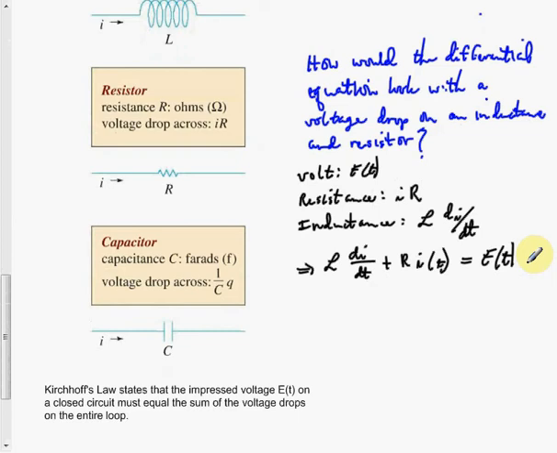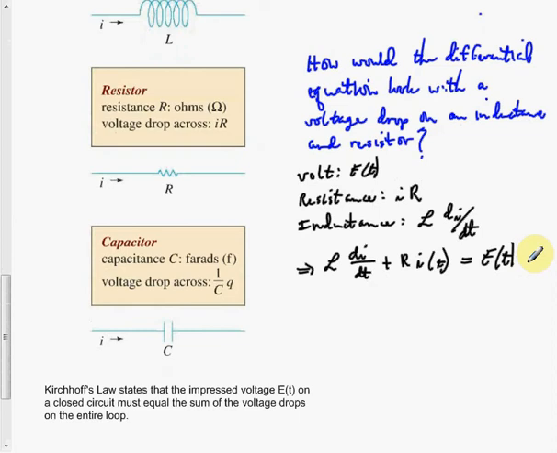What would be the dependent variable, and what would the independent variable be? So time is the independent variable, right? The so-called voltage E is a function of time, E of t. So in this particular equation, what's the dependent variable? The current, which is I. Right?